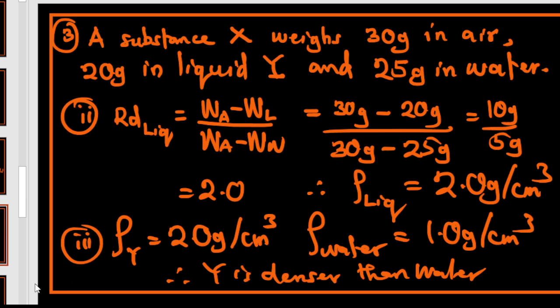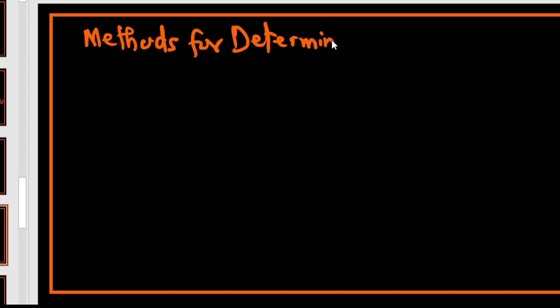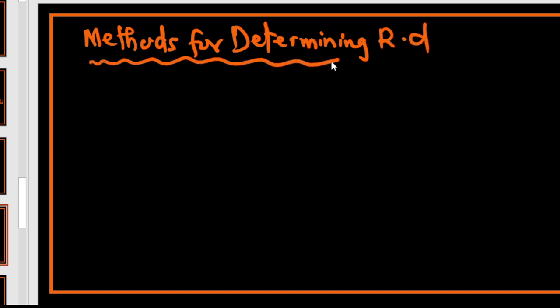So that takes us to the next stage. So we have methods for determining relative density. Methods for determining relative density. I'll list them. Number one is using what they call the RD bottle.